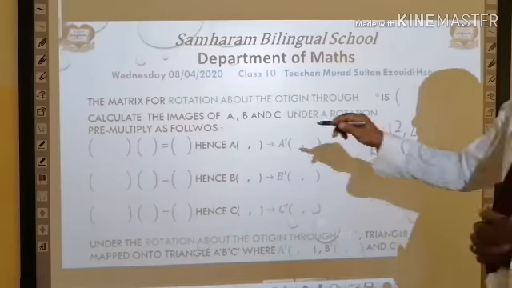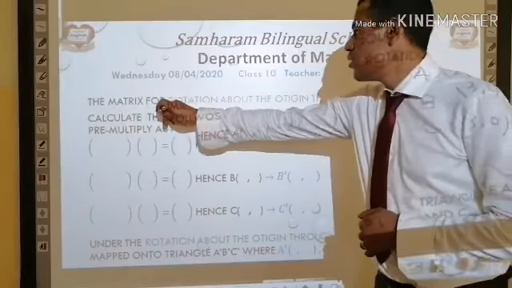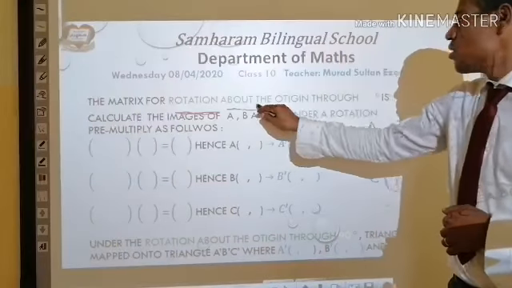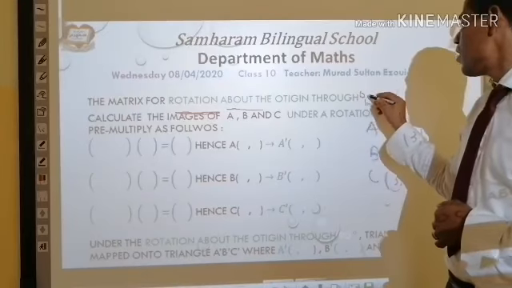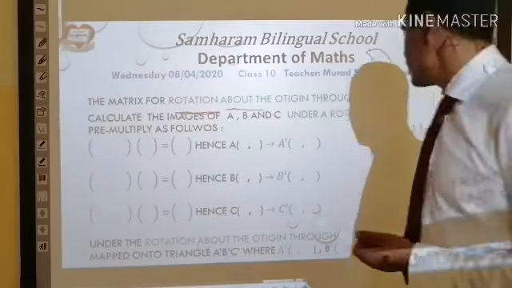The key words are: the matrix for rotation about the origin through 90 degrees. Be careful, of course, counterclockwise or anti-clockwise.